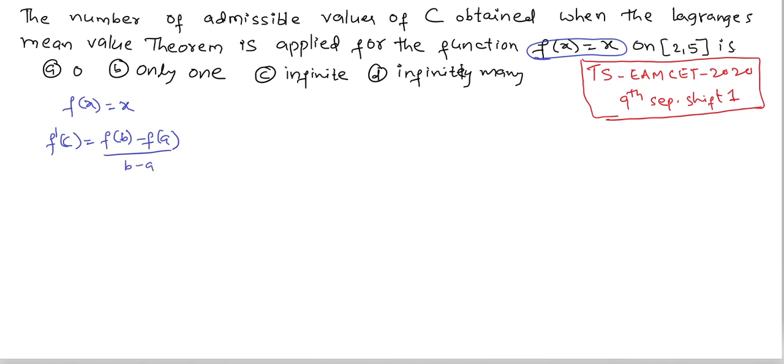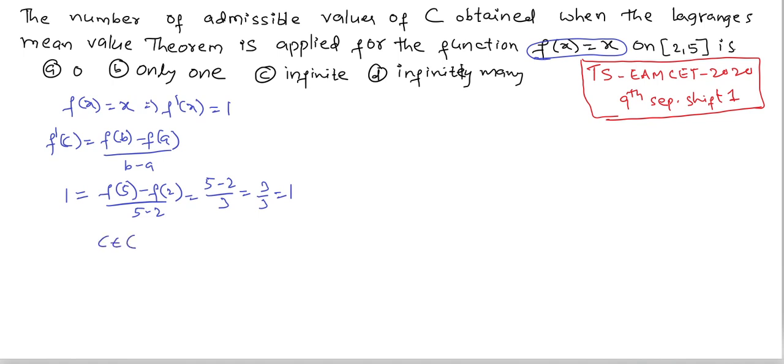Take the derivative, that is f dash x is equal to 1. That is 1 is equal to f of 5 minus f of 2 by 5 minus 2. So that is 5 minus 2 by 3, that is 3 by 3, that is equal to 1. So this c belongs to 2 comma 5.